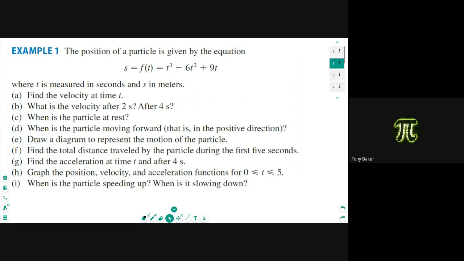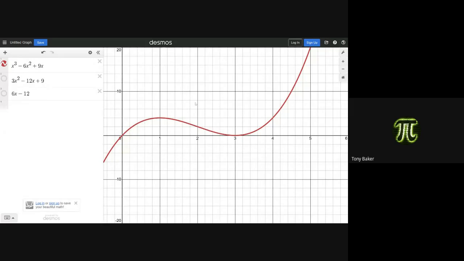So s equals f of t, which is t to the third minus 6t squared plus 9t. That gives me the position of the particle. I'll switch back over in a second. So this is basically what it is.